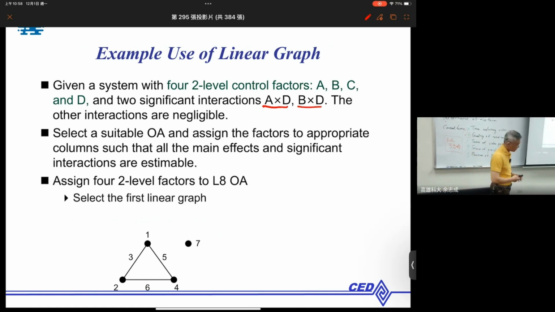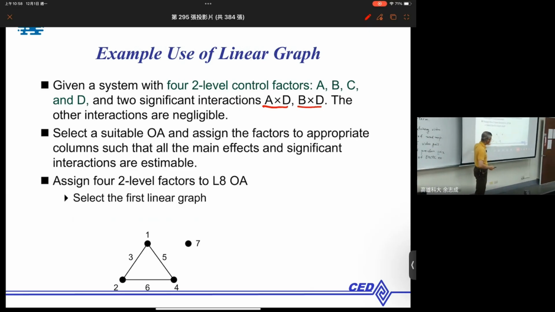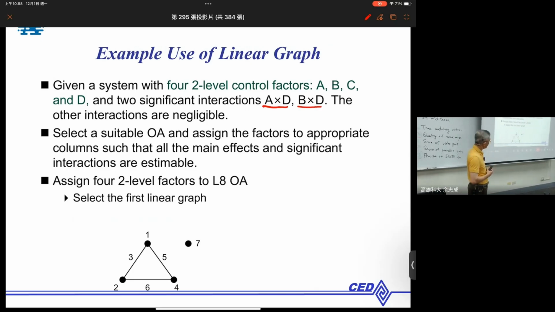First, if we assume we select this first linear graph and try to see if we can assign these factors to the linear graph. As I mentioned before, we need to make sure that this interaction will have a line.